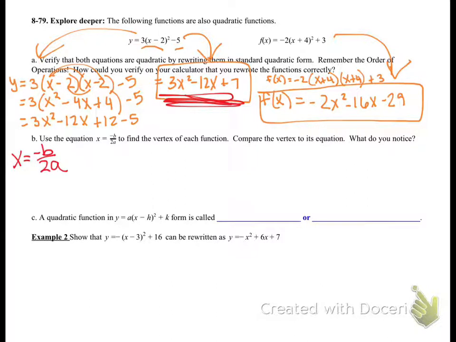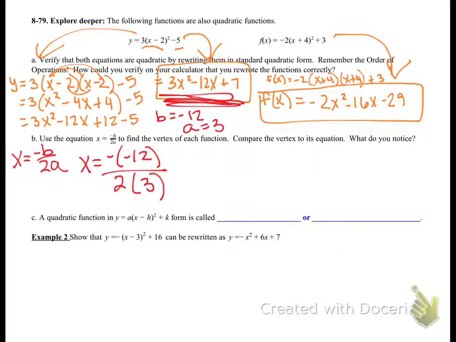My b value is negative 12, and my a value is 3. So x equals negative b value over 2 times my a value, which is positive 12 divided by 6, which is 2.